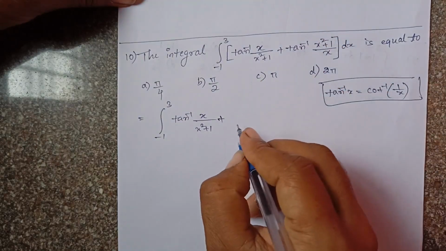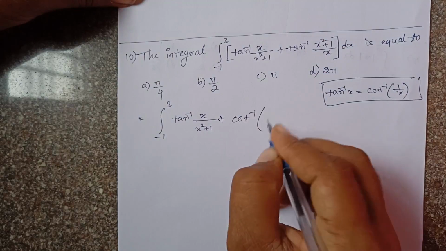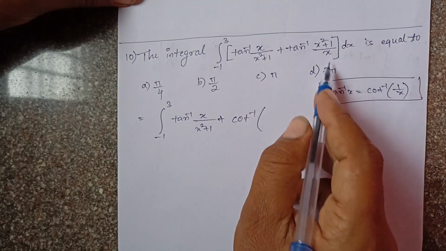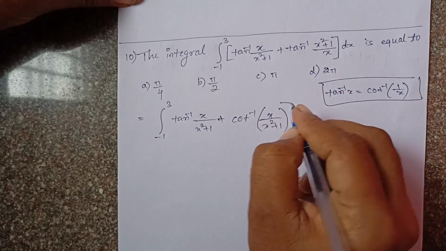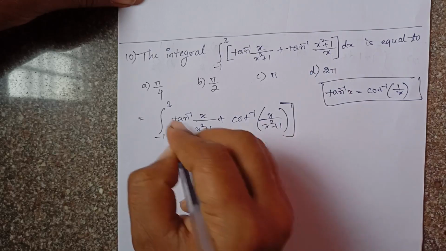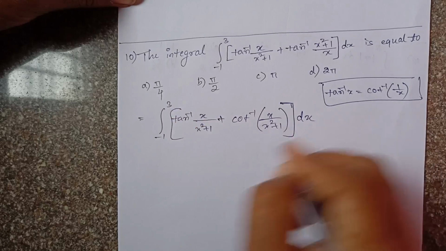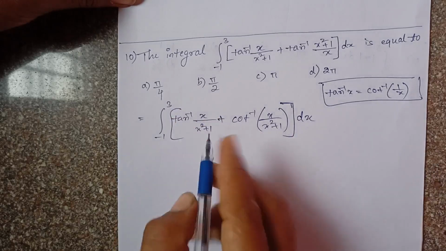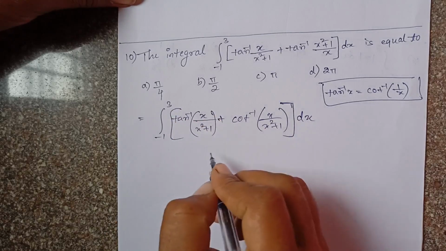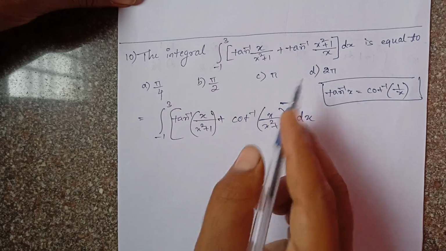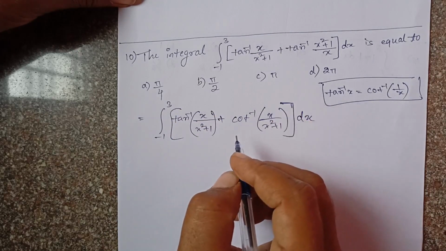Using this I can write cot inverse of 1 by x square plus 1 by x, that is nothing but x by x square plus 1 into dx. Now you see, this is of the type tan inverse of x plus cot inverse of x. What is the formula we know in the inverse trigonometry chapter?